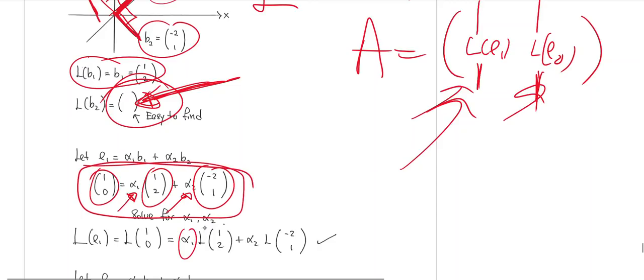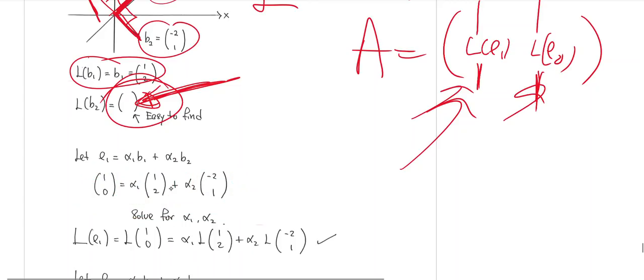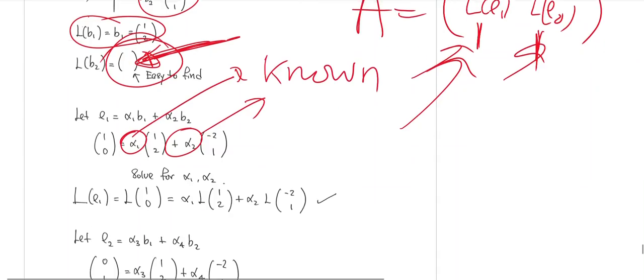That's easy because that's solving a system of 2 equations and 2 unknowns. So anyone can do that. Just make sure that you can find out what alpha 1 and alpha 2 are.